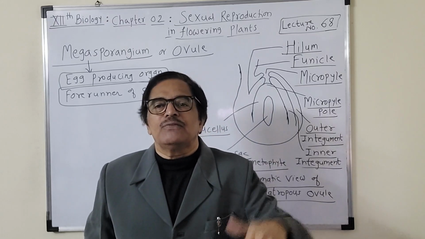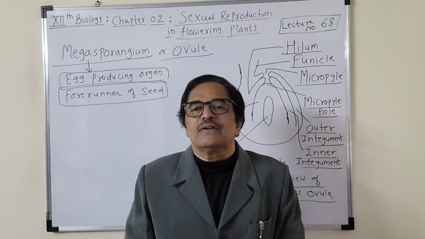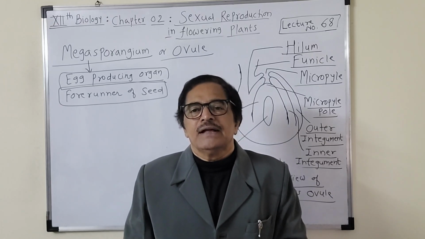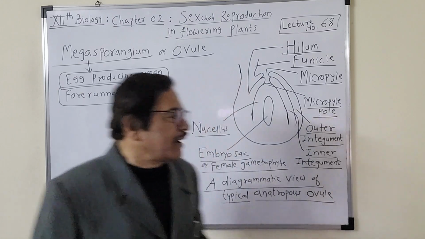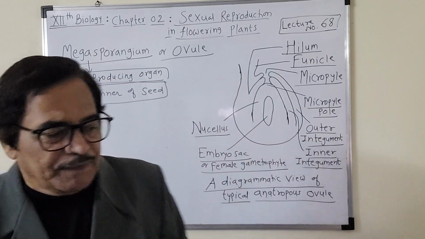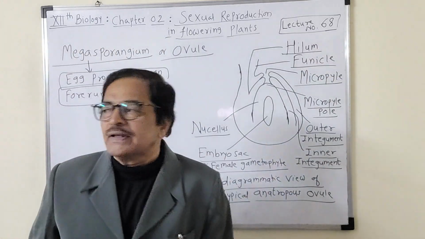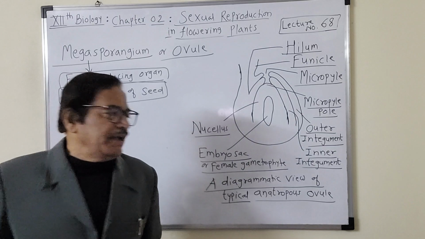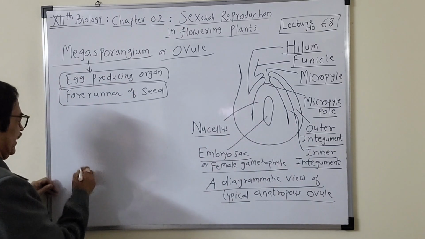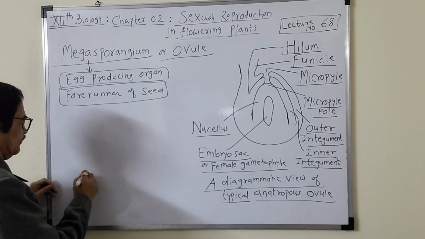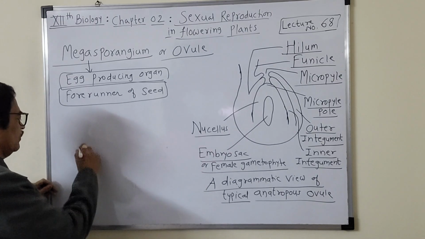Which among the following is the forerunner of seed? The correct answer is ovule, or megasporangium. Then this megasporangium, very important, according to the attachment method, may be called orthotropous or anatropous. Anatropous का मतलब है inverted ovule. Suppose this is the ovary and this is the placenta tissue, and this is the stalk of the ovule.